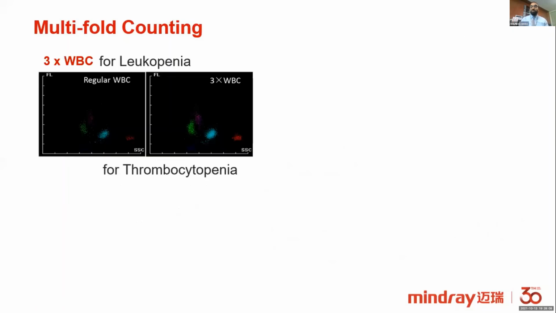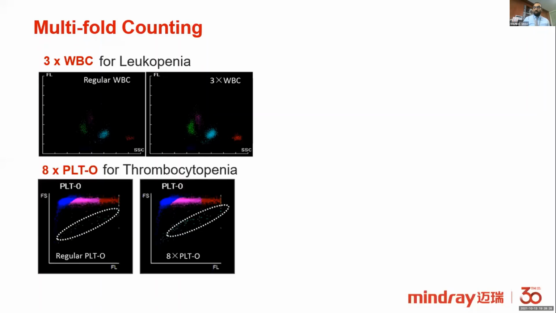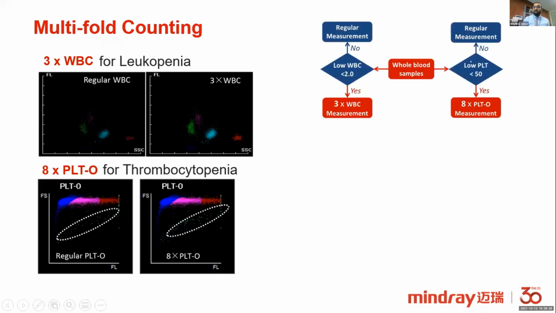So in the case of leukopenia, low WBC, the machine will do the counting 3 times, because we have 2 or 3 channels in our machine to count WBC. So if the analyzer counts WBC below 2000 cells per microliter, it will do the 3-time measurement of WBC.